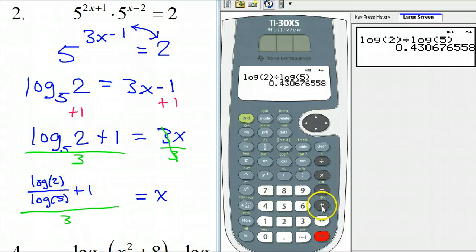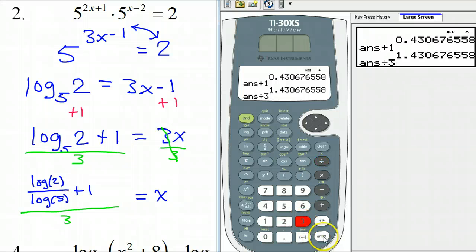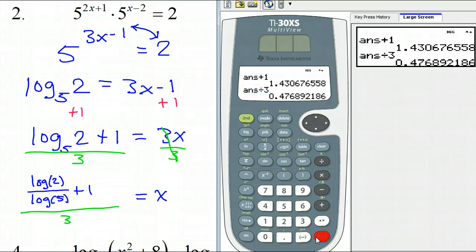Then I would have to add 1 to that, so I just hit plus 1. Make sure you don't round, no rounding mid-problem. Hit enter again, so I've got this. And then I still have to divide by 3, so I just go divided by 3. Okay, and as long as you didn't round in the middle of the problem, you're going to wind up with the same answer we got the first time. Okay, so you do it whichever way you are best at.